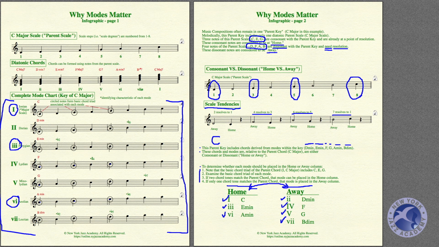Anyway, so that's it. That's why modes matter. They matter because you can make songs out of them, and you can get to know them in terms of a greater hierarchy, how the chords within them relate to each other, and really form huge, vast landscapes of music. It's not just a static piece like this.